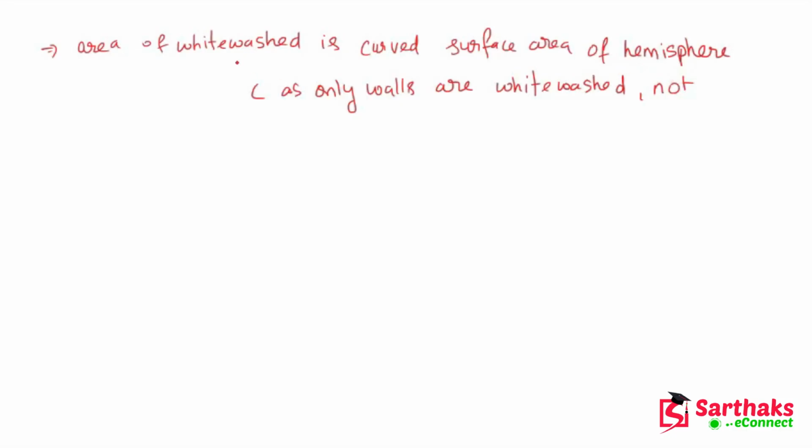Okay, so that is why we can say that area of whitewashed is curved surface area.